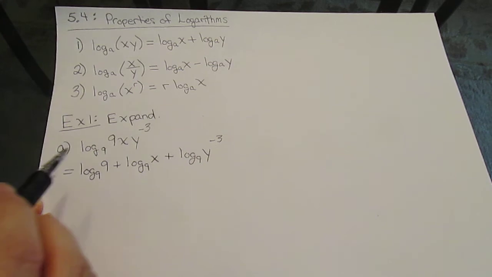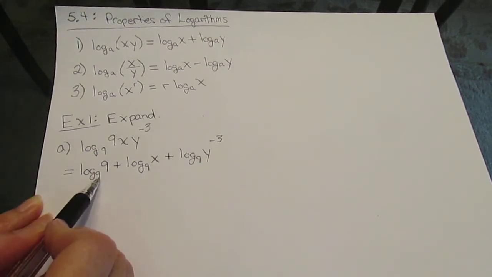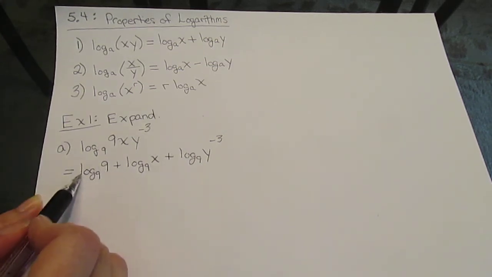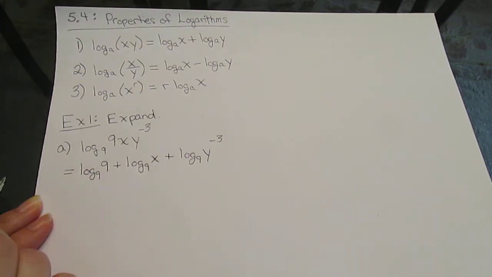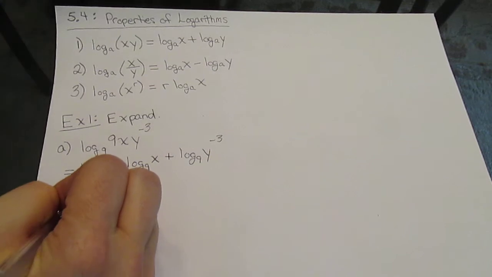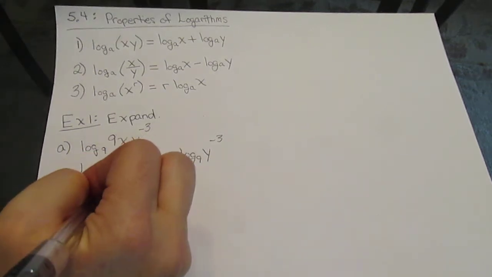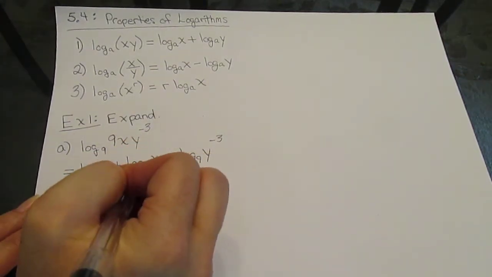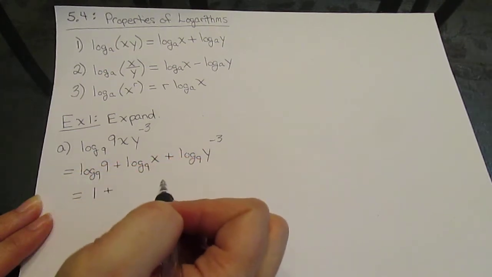Then just see if there's any simplifying that you can do. In the last section, we learned that when these two numbers matched, it simplifies to just whatever the exponent is. And the exponent here is 1 because it's not written. We know there's a 1 there. Plus, there's nothing that we can simplify in this second part.